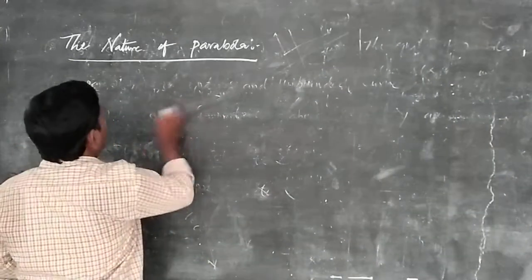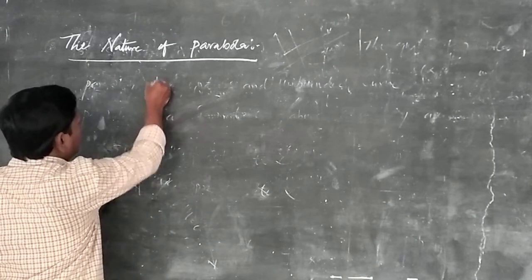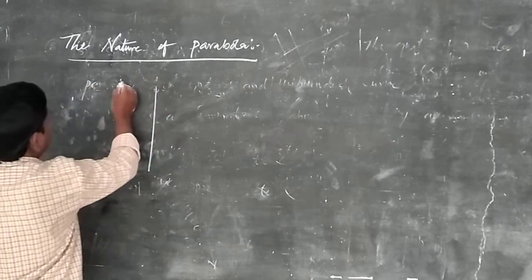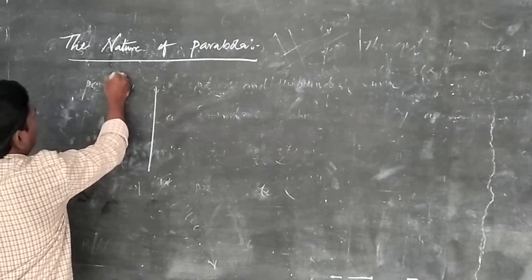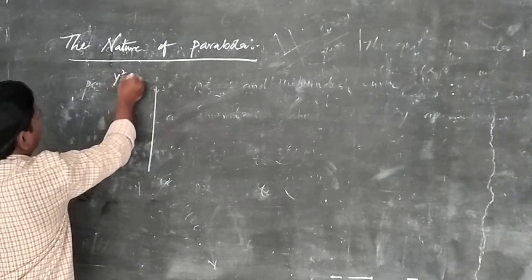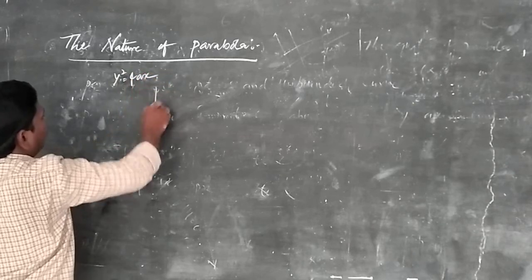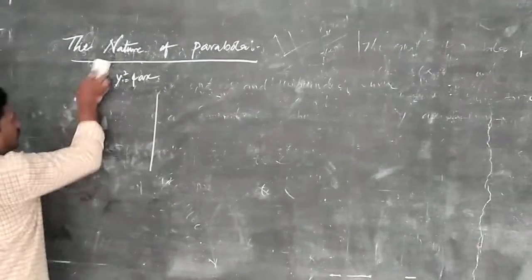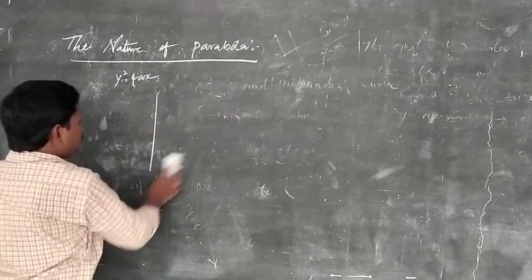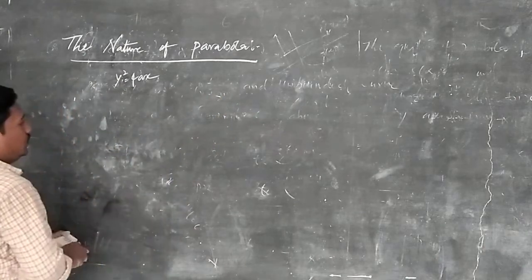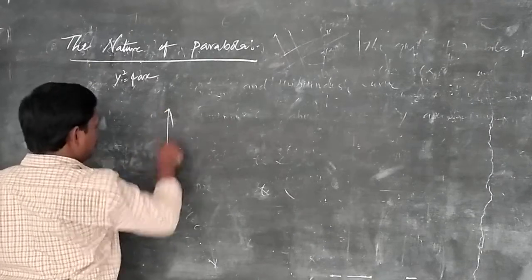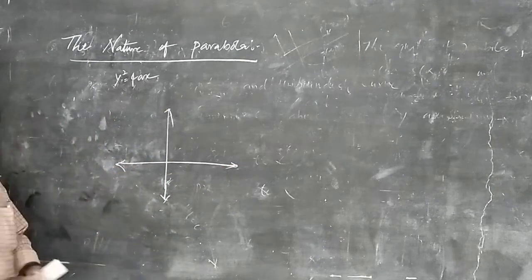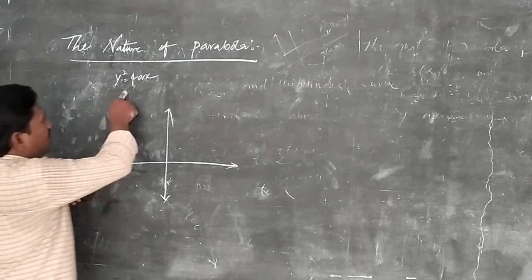Parabola is an endless and unbounded curve. For example, y square equal to 4ax.